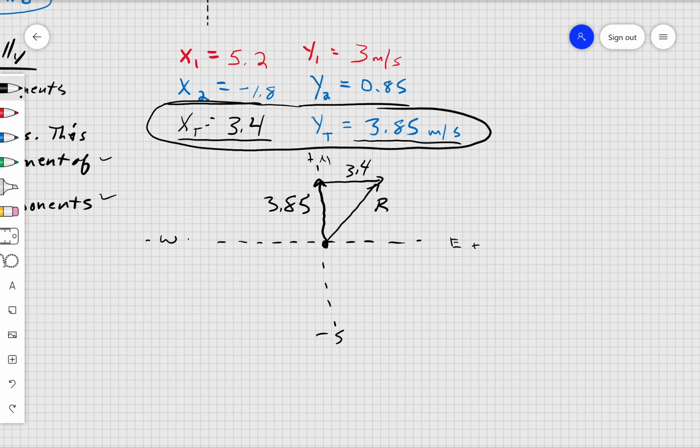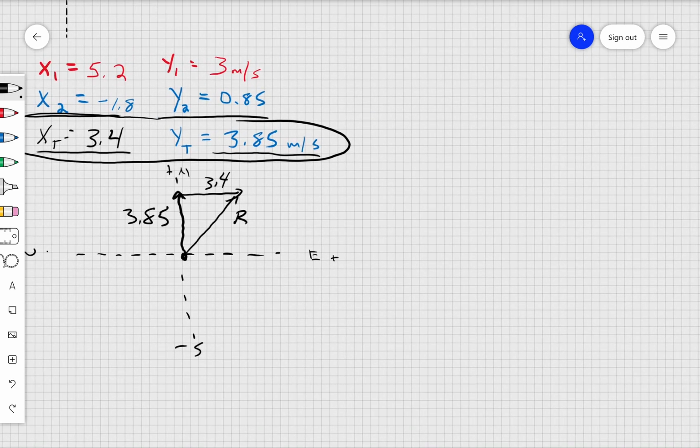Now, this one is simple enough. This resultant, which will be the velocity that we are adding here, looks like Pythagorean's theorem will give us that. 3.4 squared plus 3.85 squared.